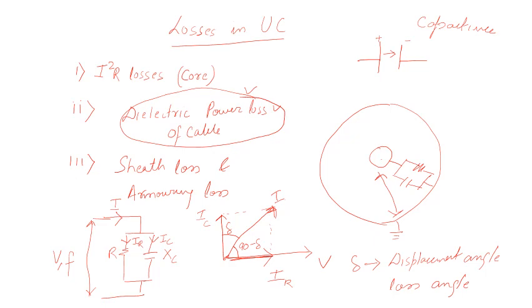So if you talk about the power factor, it will be cos of 90 minus delta, which is nothing but sine delta. So we can determine the power factor of your cable as sine of the displacement angle. We'll talk more on it.